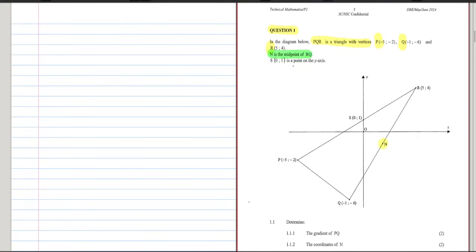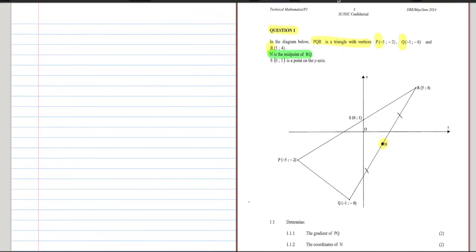This is important. A midpoint is basically a point along a line that bisects that given line. It divides the line into 2 equal parts. So N being a midpoint means that NR is equal to QN.